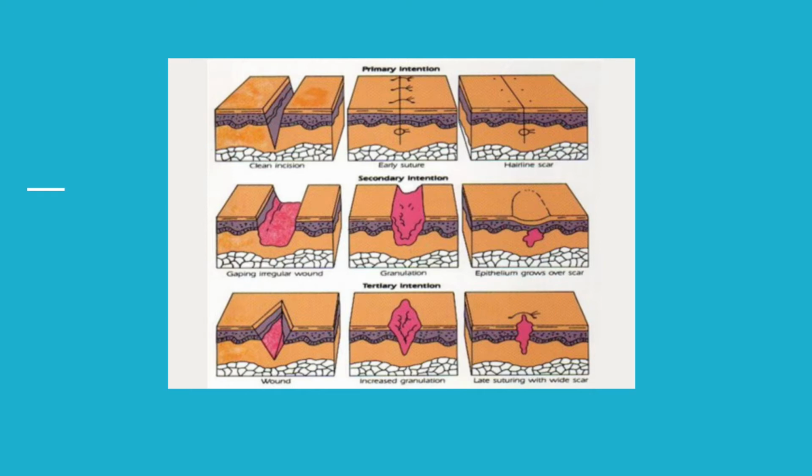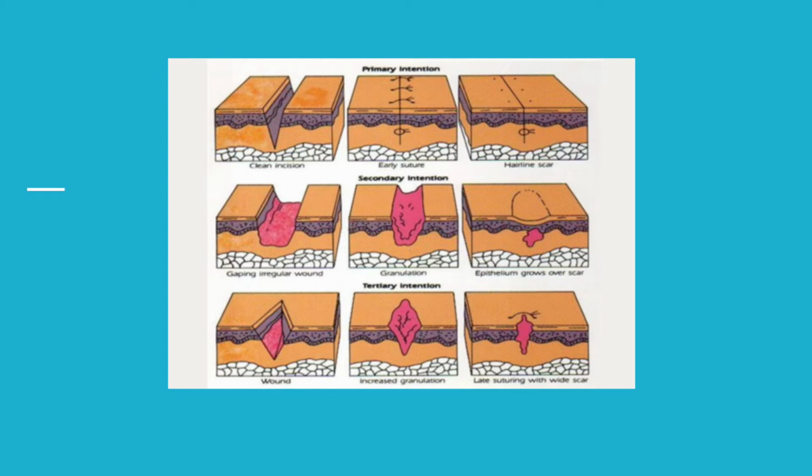One very good example would be the incision and drainage of an abscess, whereby the wound is packed with gauze to be left open after the drainage to allow secondary intention to take place.